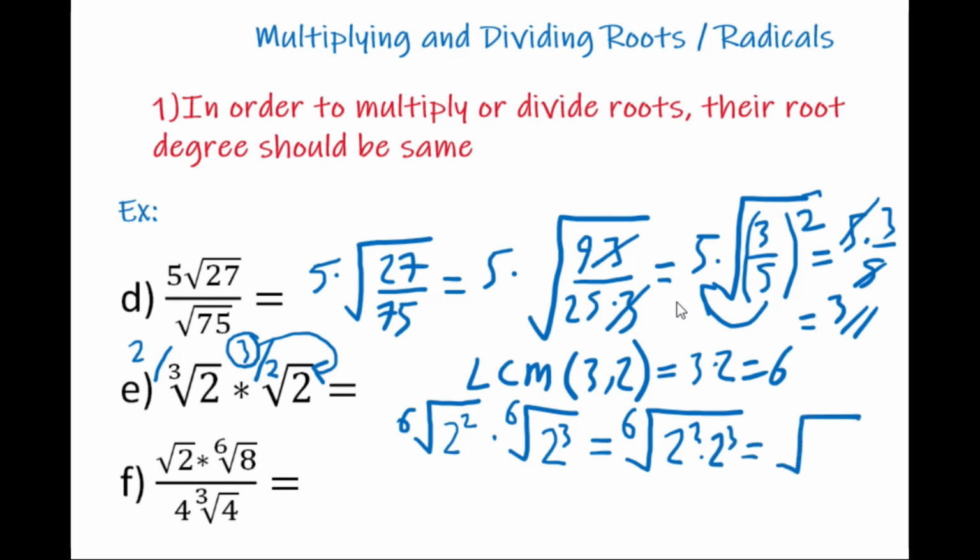And once you do this, you're going to have 2 to the power of 5 inside the root, and the root degree is 6th. This expression, as we all know, can be represented as 2 to the power of 5 divided by 6.